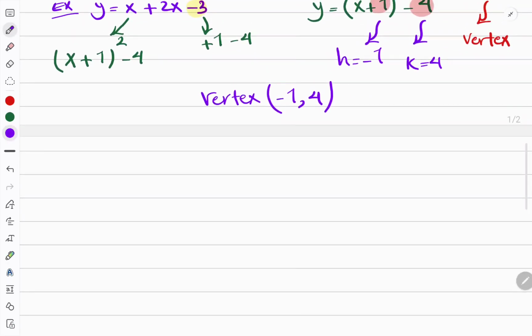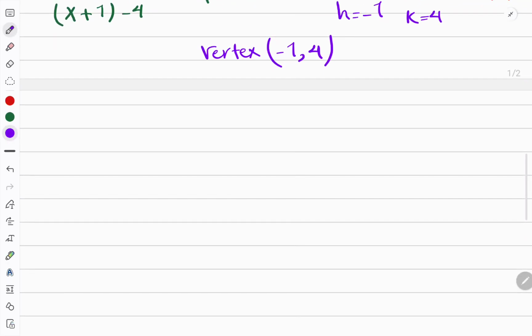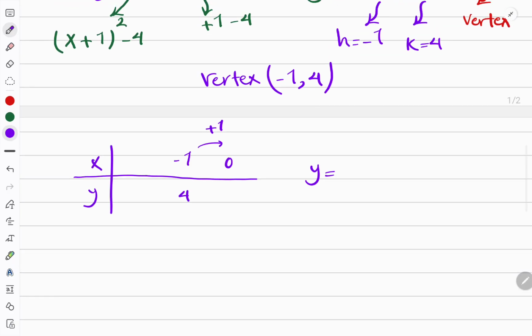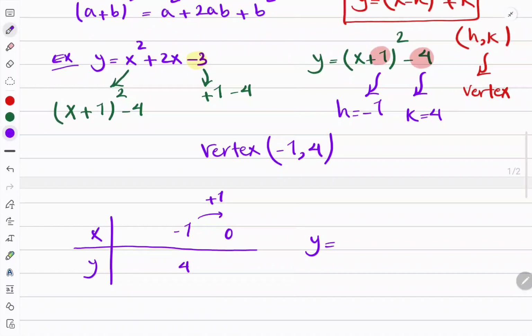So far so good. And as I said before, we should use a table of values for 2 other points. The vertex is negative 1 and negative 4. Add 1 gives you 0. So substitute 0 in the equation. y equals x plus 1 squared minus 4, which is negative 3.